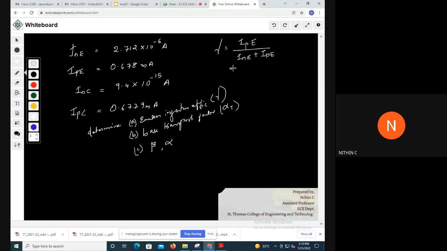All the currents are not having the same unit, so you need to convert that into the common unit and then do the calculation. You convert everything into amperes and then do the calculation. You can mention the answer once you have completed.